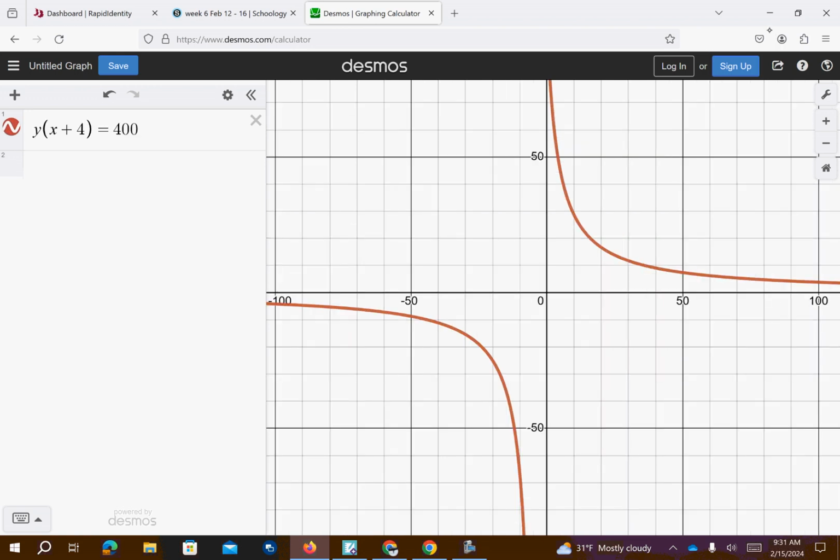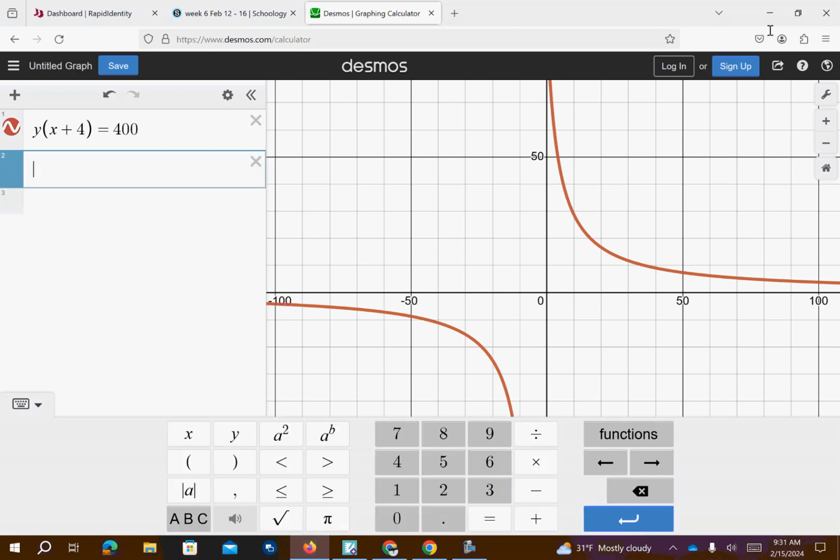All right, and then the other one, we have 2P minus Q, so the next one is going to be 2Y minus X minus 38 equals 0, which should be a linear equation.